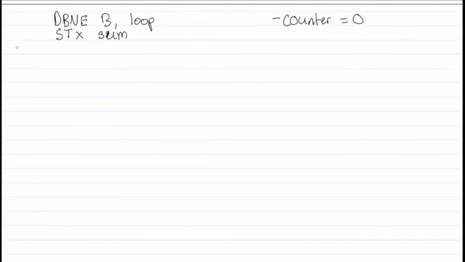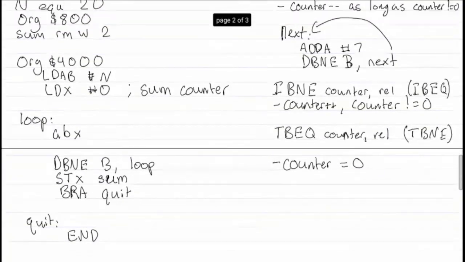So I'm going to put a quit label here. Sorry, I'll put that lower down. Quit. And right here we end our program. Logically this should go straight into quit, but it might be good practice to branch to our quit label so that we guarantee that it goes there. Cool?